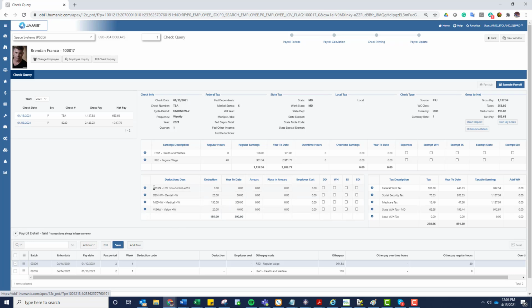In this case, he signed up for additional 401k, a non-contrib amount going to a 401k plan. He could be signed up for something like HSA, or he could be split between multiple ways. He wants his excess going to different benefits. And that's what happened on his first check: he made $235 worth of health and welfare against his $195 worth of benefits, and so he ended up having $40.33 that went to his 401k non-contrib plan.